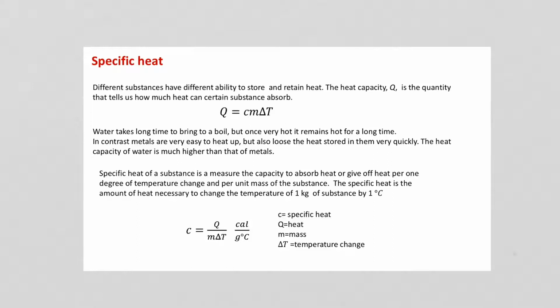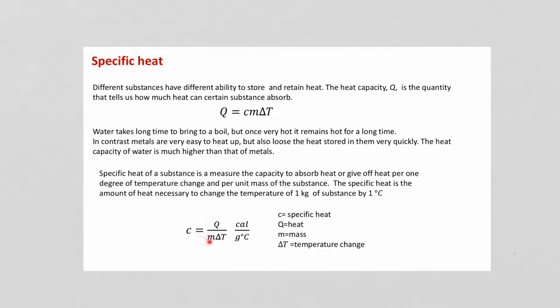So instead of heat capacity, the specific heat, C, is a convenient quantity to use to characterize substances in terms of heat properties, because the specific heat is the ratio of the heat capacity and the mass times change in temperature.